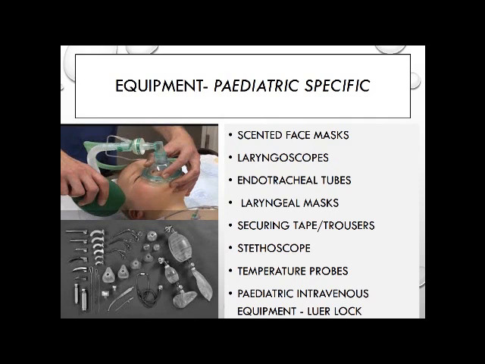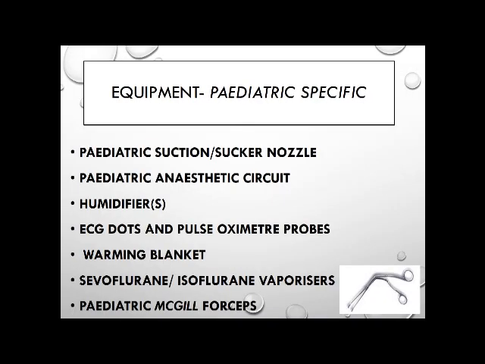It's recommended that Luer lock connections be used for IV connections, because children may be uncooperative and combative, especially post-operatively, and then connections could come off easily. Continuing on with the list of our specific equipment, pediatric suctions may be smaller or modified in size. Pediatric anesthetic circuit tubes might have a smaller diameter to adjust for the sizes.